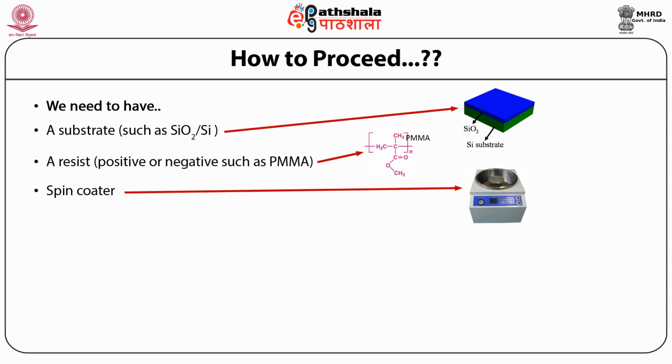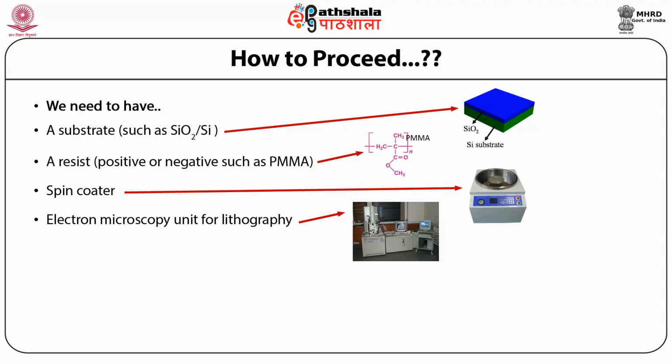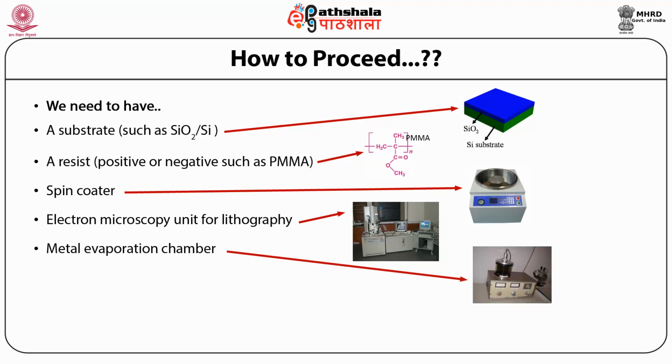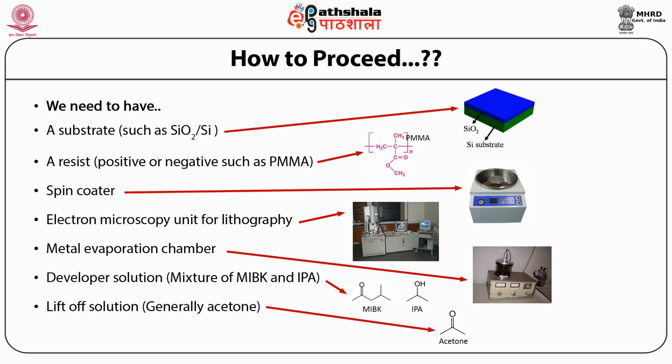Next we need the electron microscopy unit for lithography. Then a metal evaporation chamber. Next is a developer solution, that is a mixture of MIBK and IPA. Lastly, the lift-off solution, which we generally take as acetone.